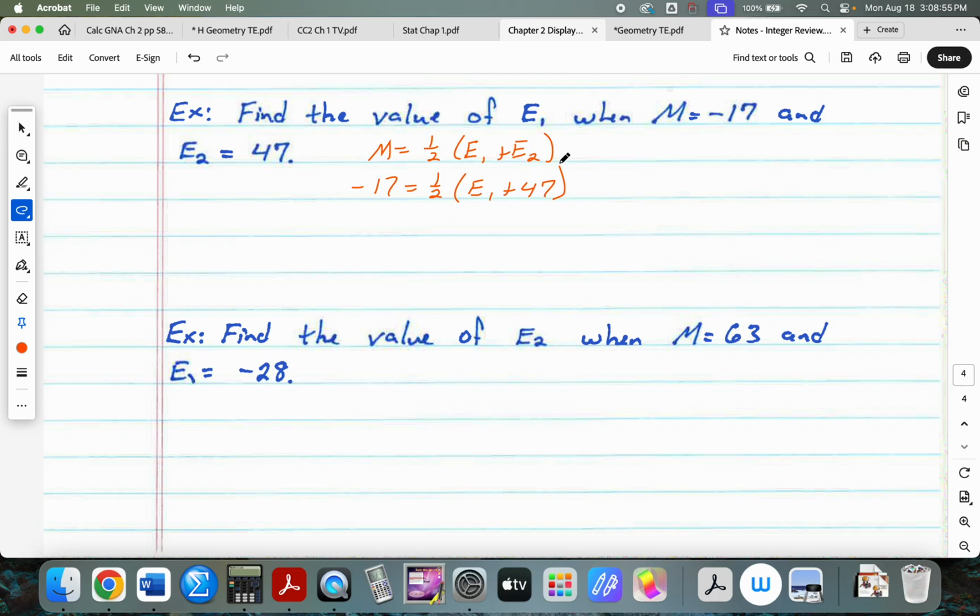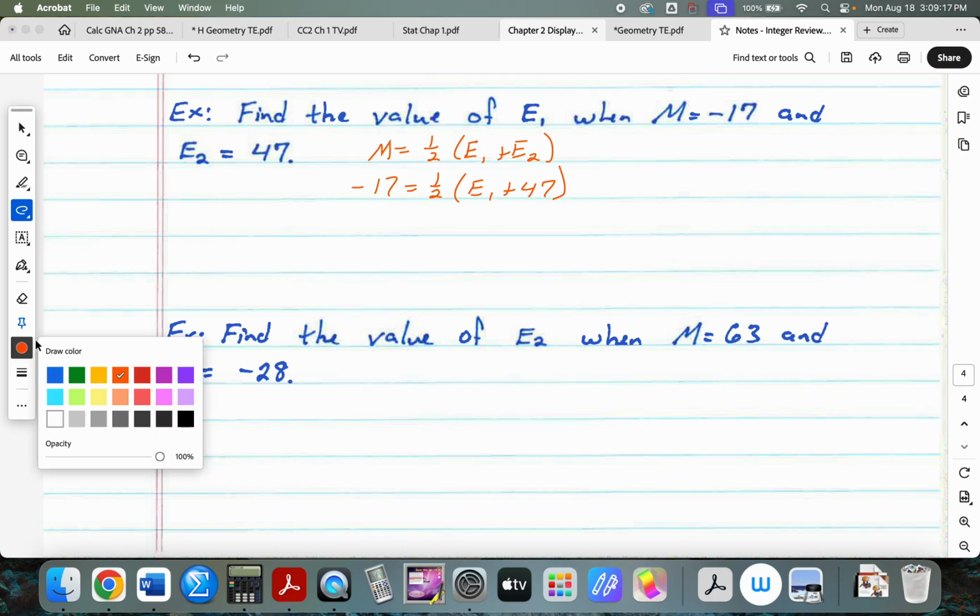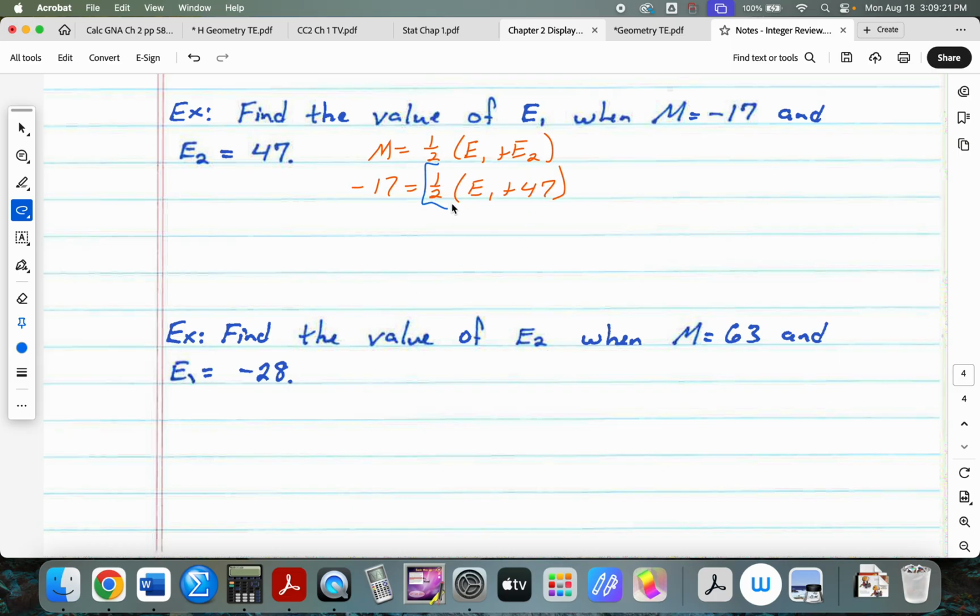All right. Now, to solve this, we could distribute the 1/2. I don't think that's a good idea, because then you'd have to take half of 47, and that's not going to be a whole number, is it? It's not that bad. You can do it if you want. What I do instead is I multiply both sides by 2.